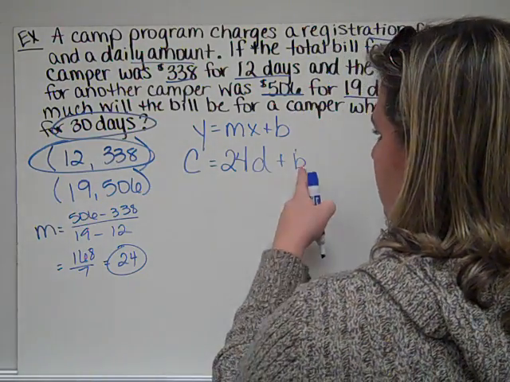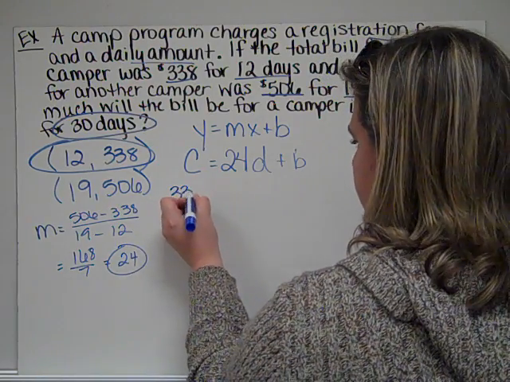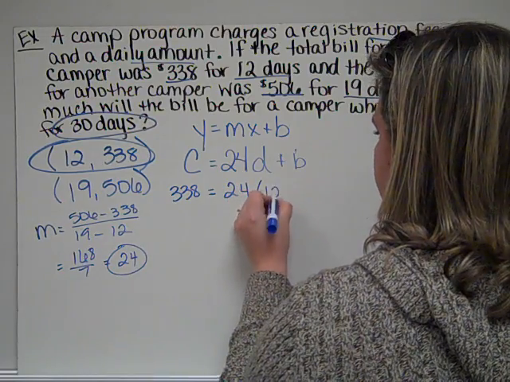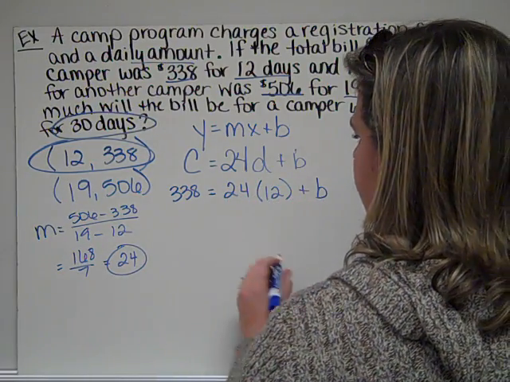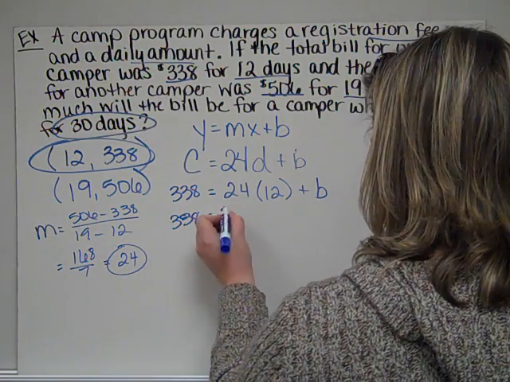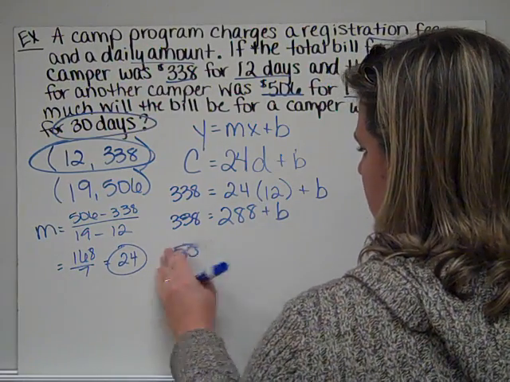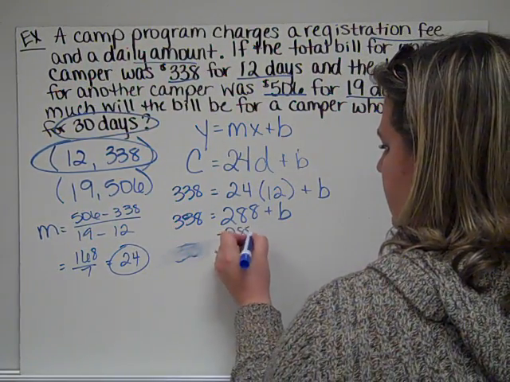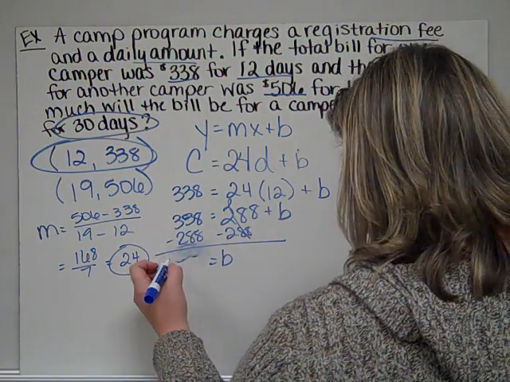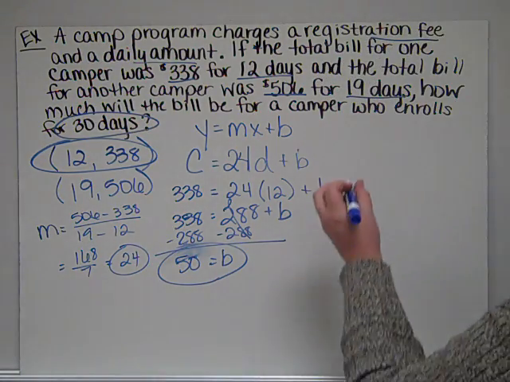Our Y is 338, our days is 12. 24 times 12 is 288, and when you subtract 288, your B is 50.